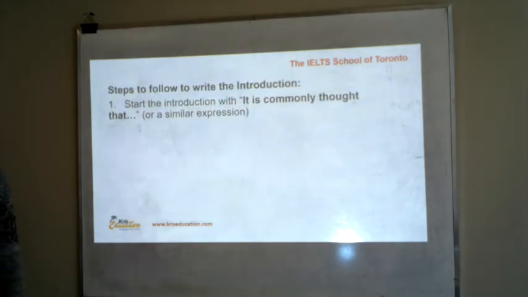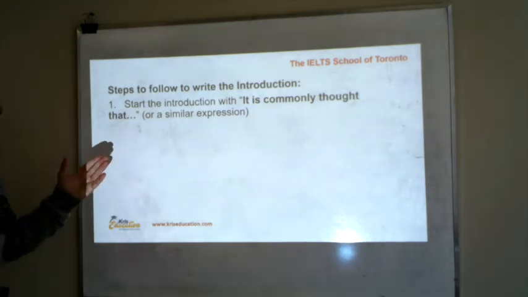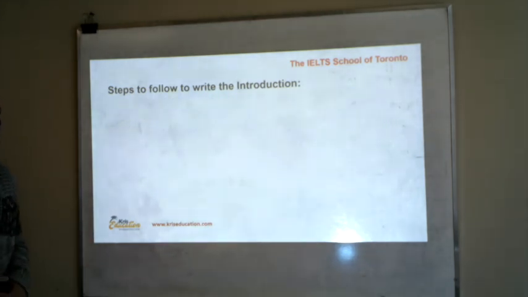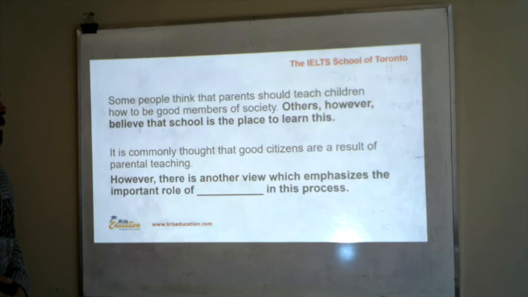A summary of the things that we saw together: how to write the introduction of discussion essays. First of all, start with a general phrase, something like it is commonly thought, it is commonly believed, it is a commonly held belief, and so on. There are many other similar expressions. After that, the subject.